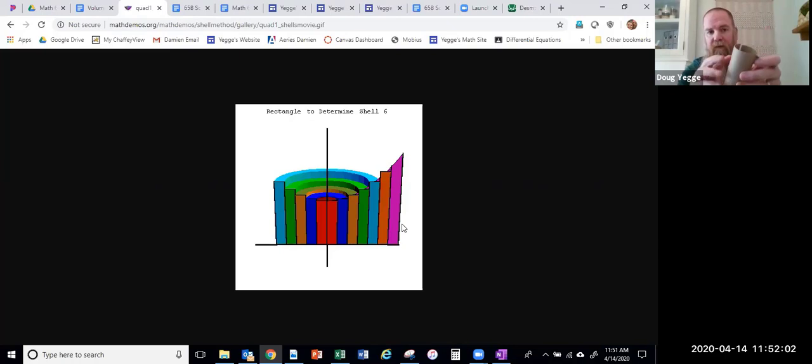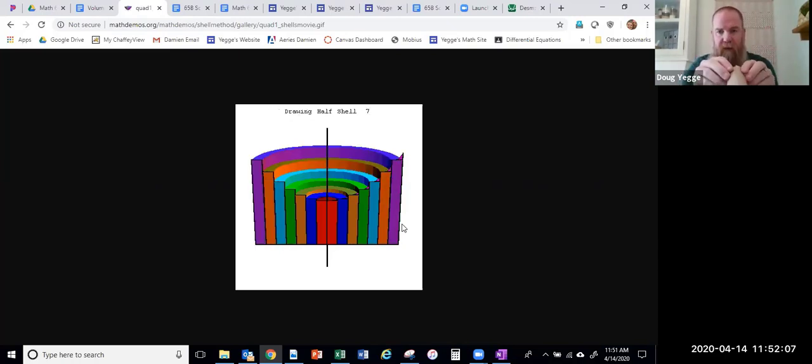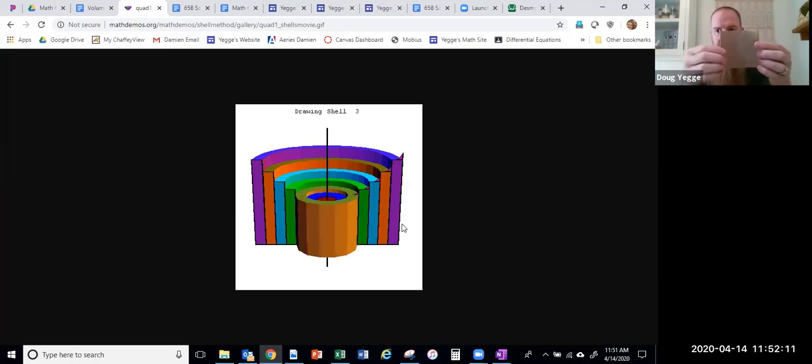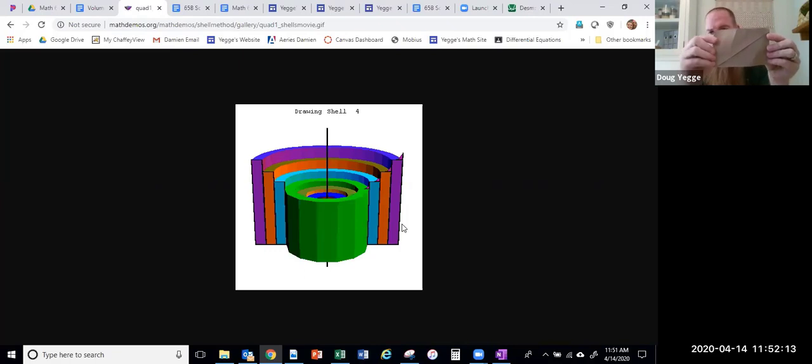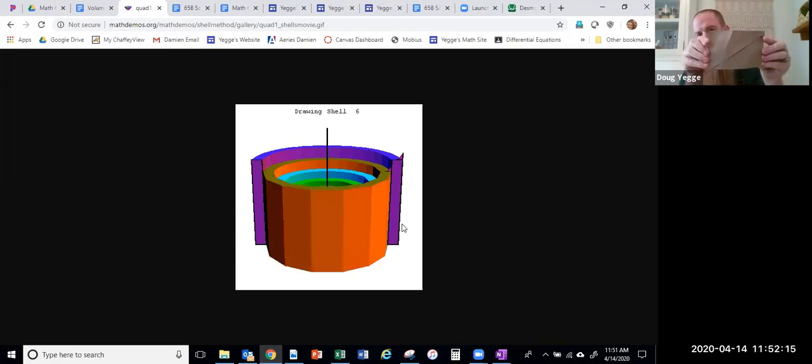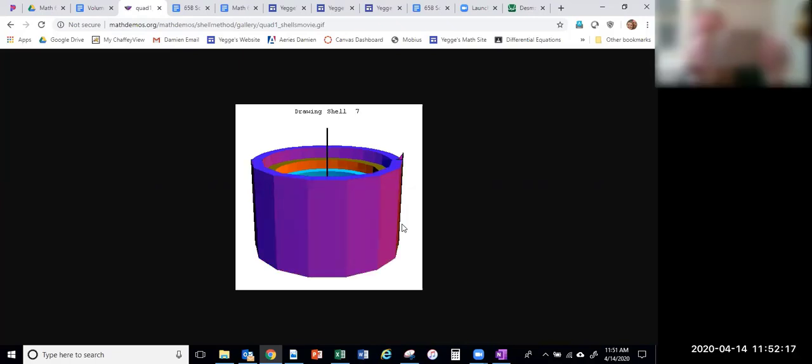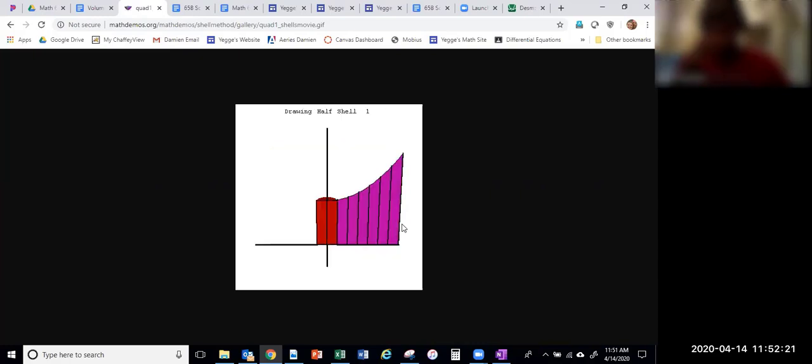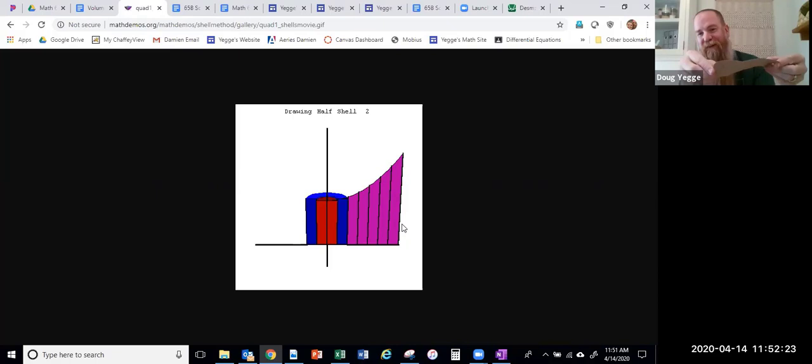The easiest way I've found is to cut it down the middle and open it up. And when you open it up, now I have a rectangle. Close. It's a rectangular prism because it's three-dimensional.